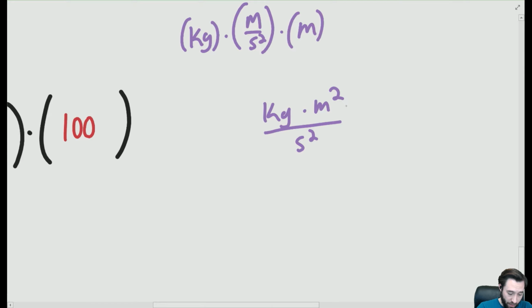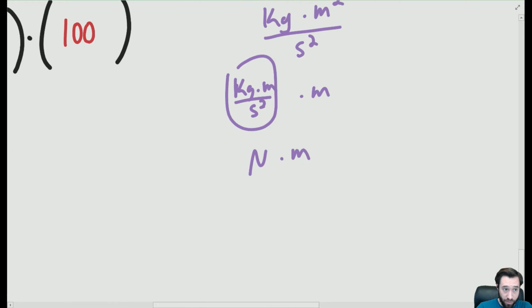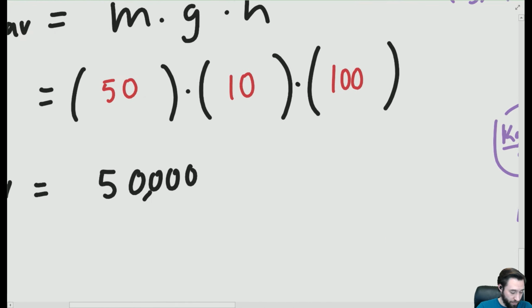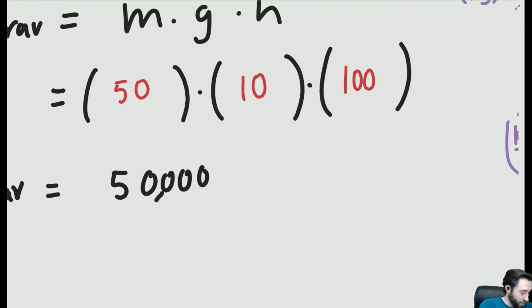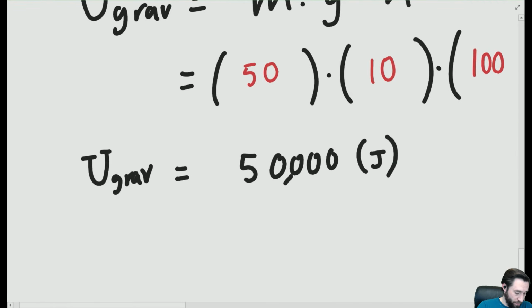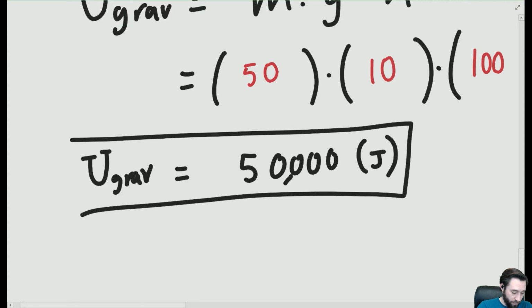Then we can take out one of those meters, and we have kilogram times meter per second squared. This gets turned into a Newton times meter, and of course the Newton meter is a joule. So we do in fact have units of joules, and we're good to go.